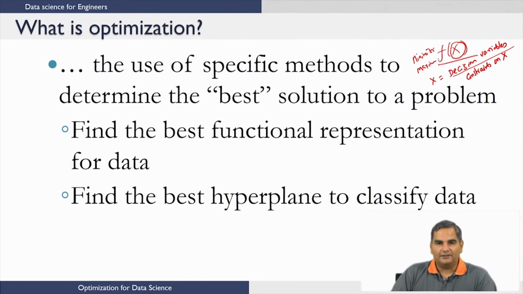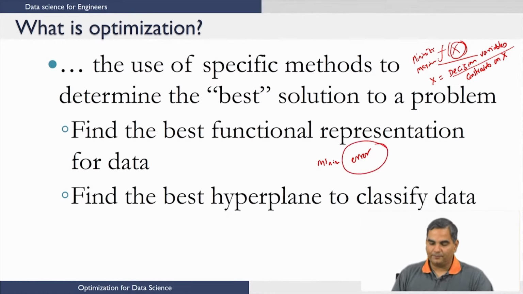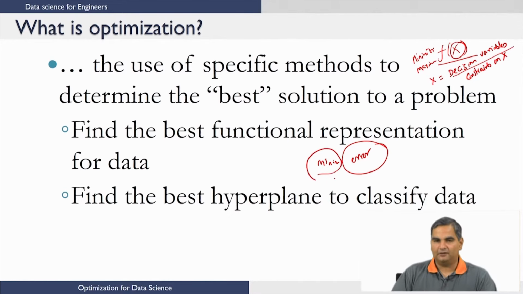The minute I say minimum error, we have to define what this error is somehow. And the minute we say minimum error, that basically means we are trying to find something which is the best, we are trying to minimize something. So, this part is already there: finding the best for some function, and this error is something that we define.